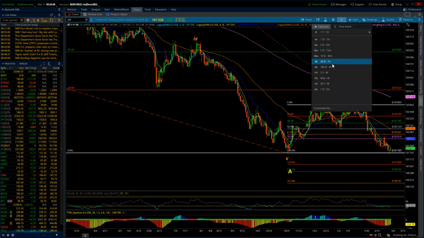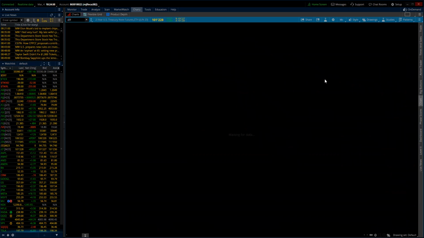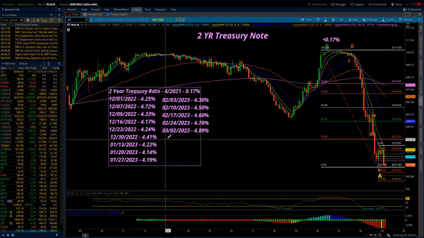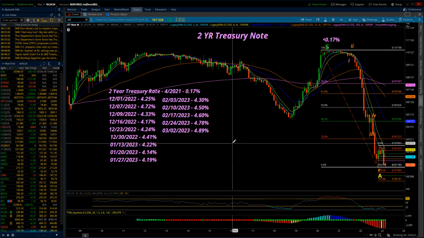So the 2-year. Ready? The 2-year note on Friday closed at 4.89. So from the beginning of February to the beginning of March, the interest rate on the 2-year note has increased over 50 basis points.